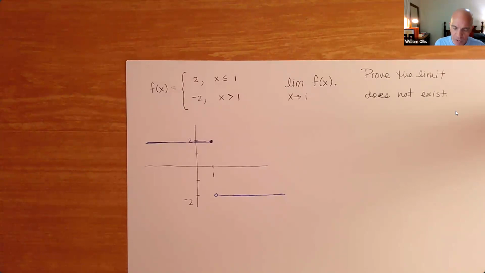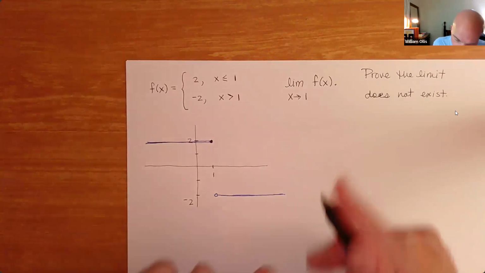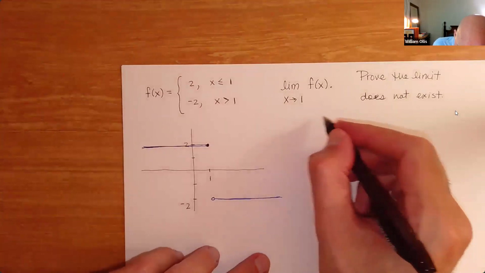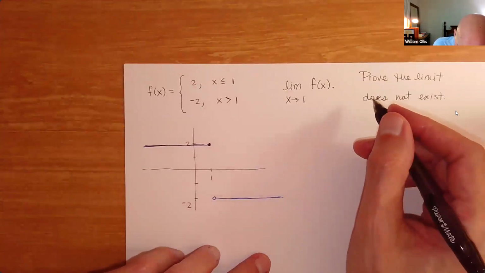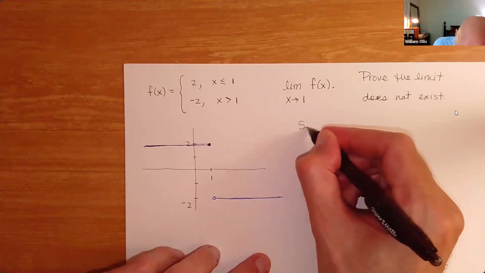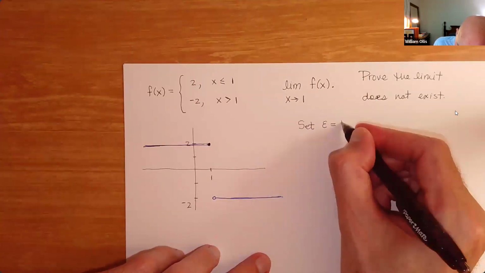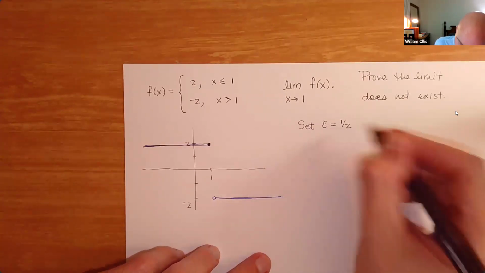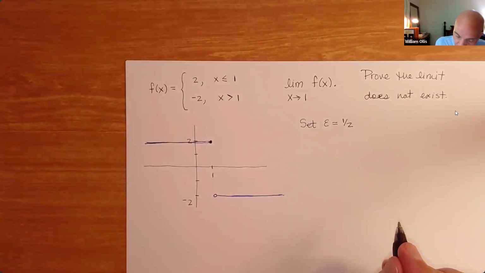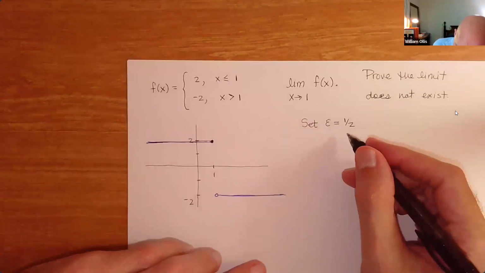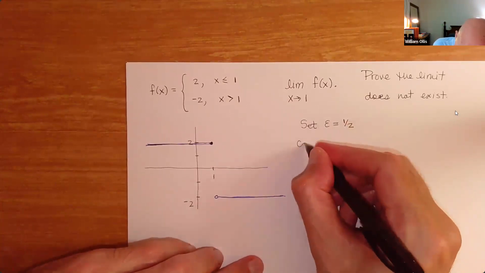So let's just think of this. Here's a simple proof. In this particular case, we'll be real specific: epsilon equal to 1/2. Okay, epsilon equal to 1/2. And what we're going to do is look at two cases. So first, case 1.